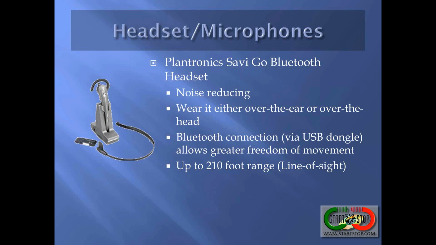But this does give you greater freedom of moving around than the corded ones. You can charge it by means of the USB cable or the upright charging base that's included, and you would, with your purchase, get all of the cables needed to make this work as well.